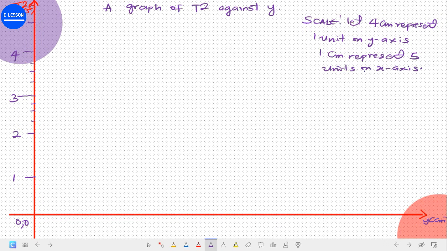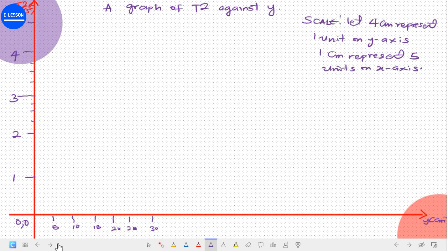That would be a suitable scale. Now here will be what? Every 1 centimeter is 5, so here will be 5. Then we have 10, 15, 20, 25, 30. Where's the least here?